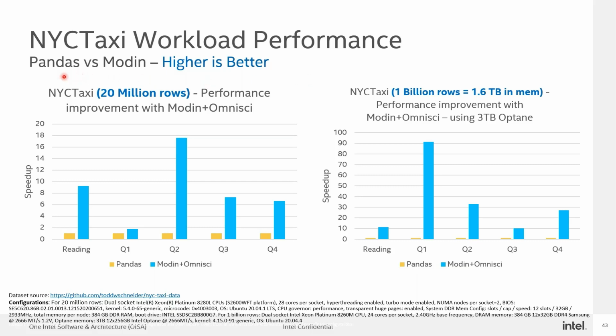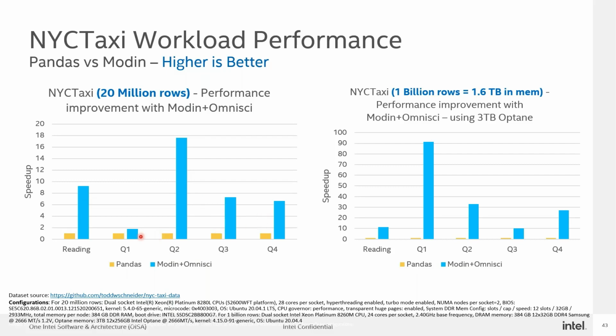So we demonstrate the performance boost with a smaller size of data set. So this is a sub data set. The yellow bar is the speed up of pandas, so it is 1. All of these performance data are normalized to pandas as the baseline. The speed up number of Modin plus OmniSci is shown as the blue bar.